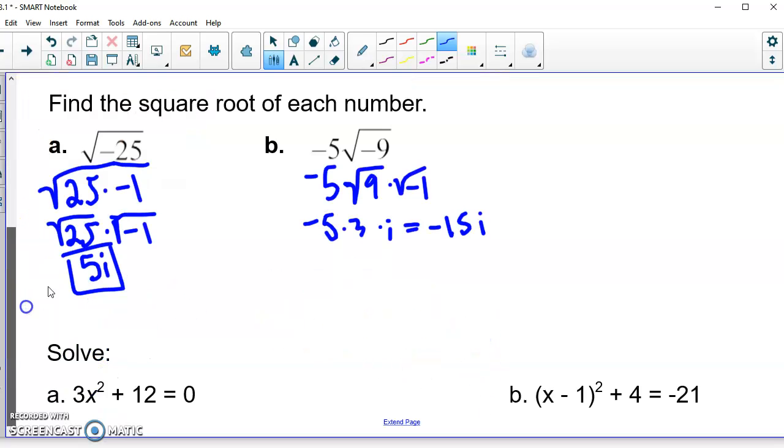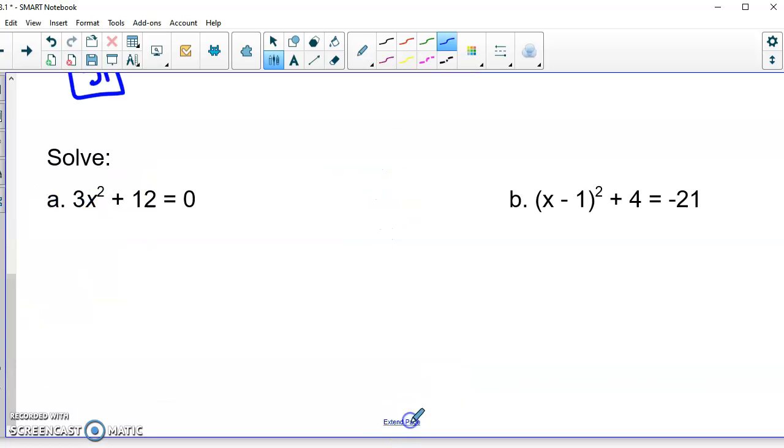All right, let's look at a couple equations where we're going to solve and we're going to see i. So here's our first one. We've got 3x squared plus 12 equals 0. So we're going to, again, isolate that square. We're going to subtract 12, and we've got 3x squared equals negative 12.